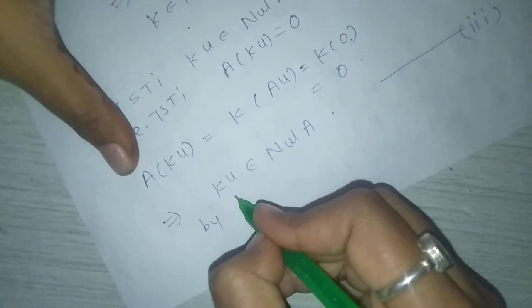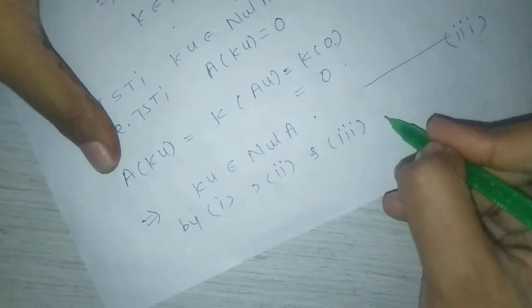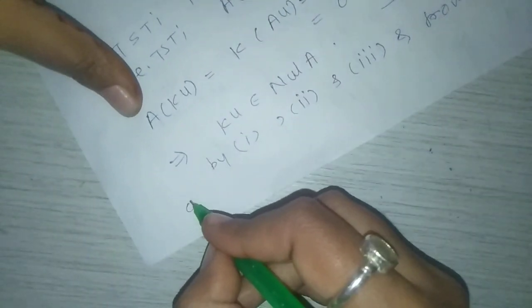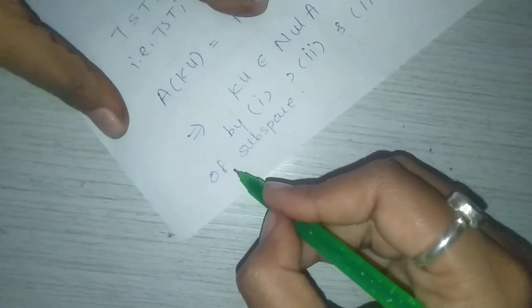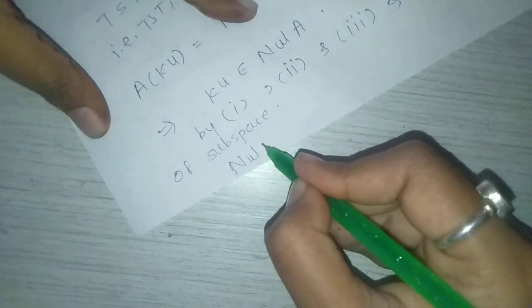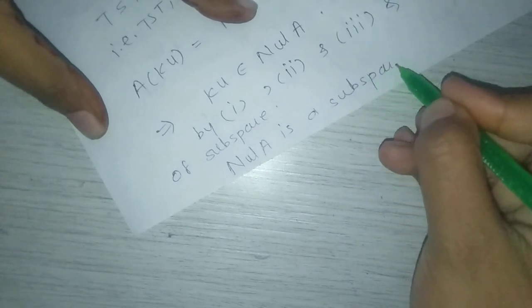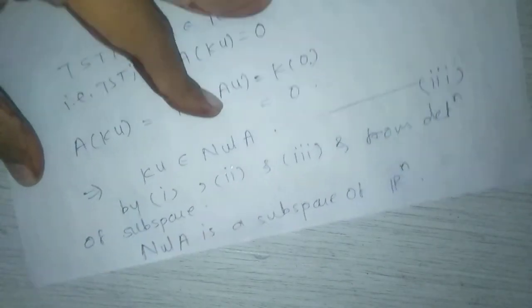So, by 1, 2 and 3, and from the definition of subspace, we get the null space of A is a subspace of Rn. Here we stop.